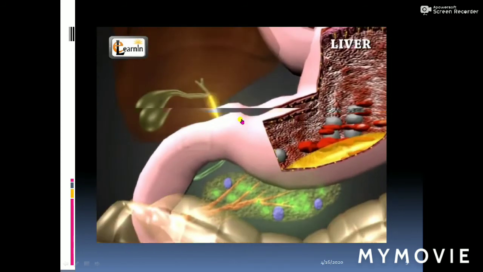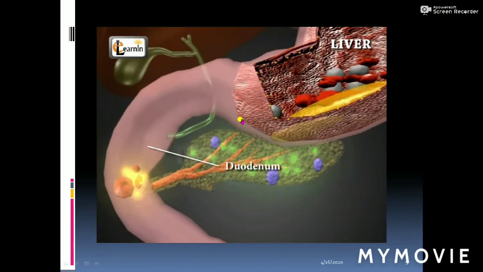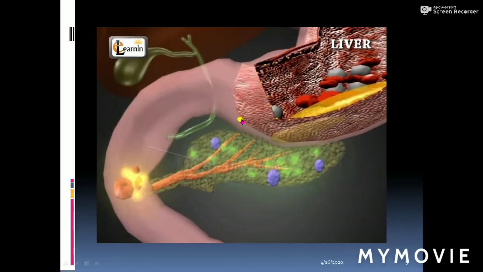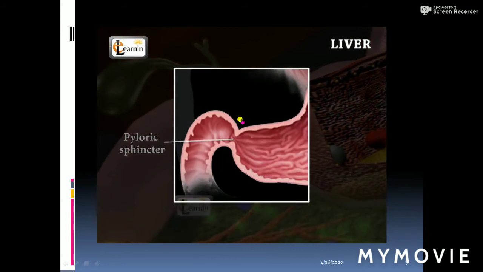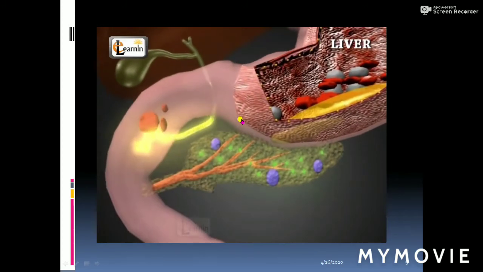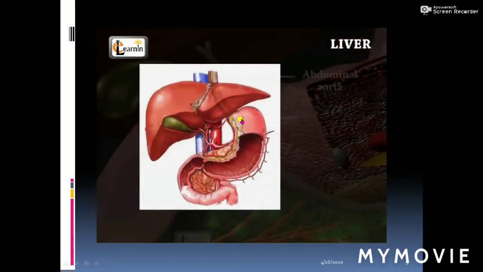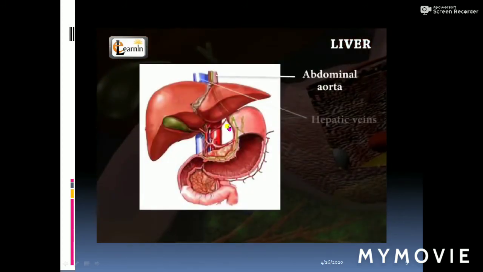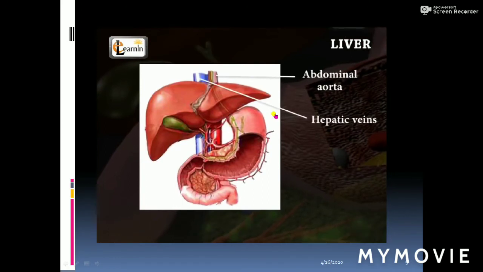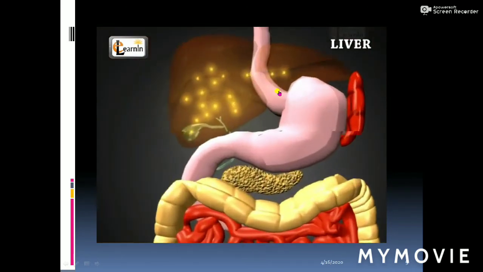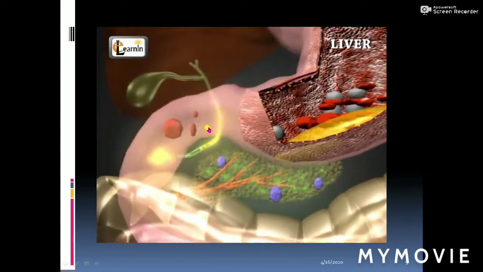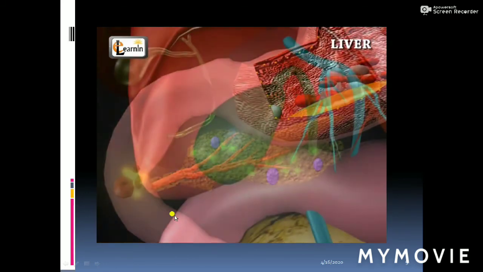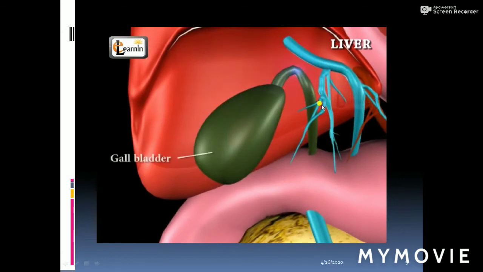The hepatic portal veins, which are blood vessels that carry blood from the gastrointestinal tract and spleen to the liver, pick up nutrients and toxins from the stomach and intestines for processing. The hepatic ducts and gallbladder send the processed bile to the duodenum, which is about 25 centimeters long and a C shape. The stomach opens up into the duodenum through a pyloric sphincter, a muscle that acts as a valve that controls passage of food from the stomach into the small intestine.